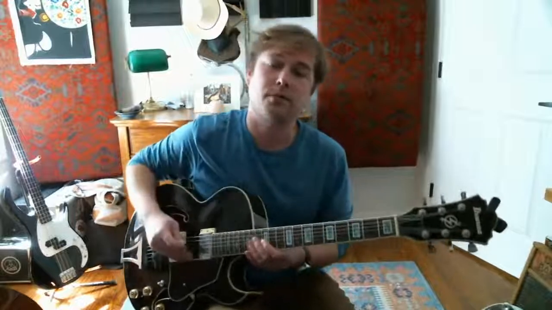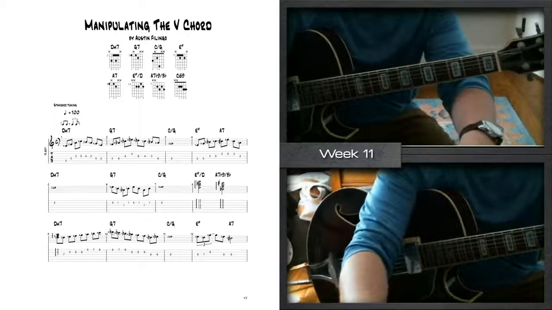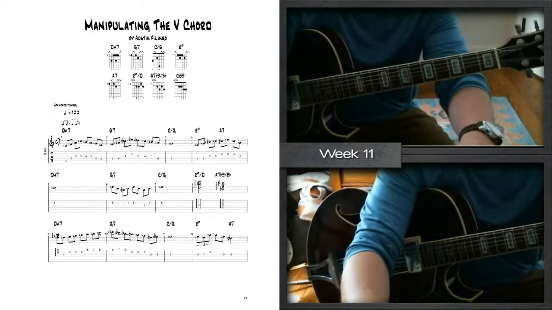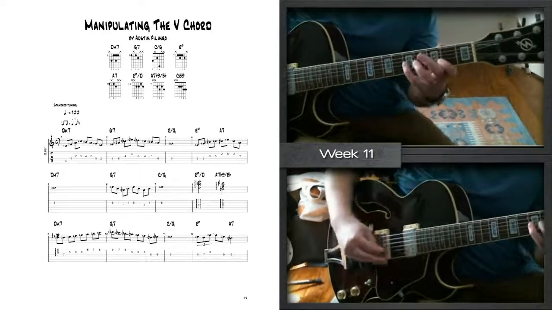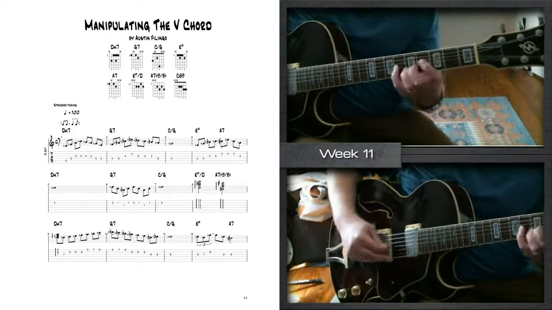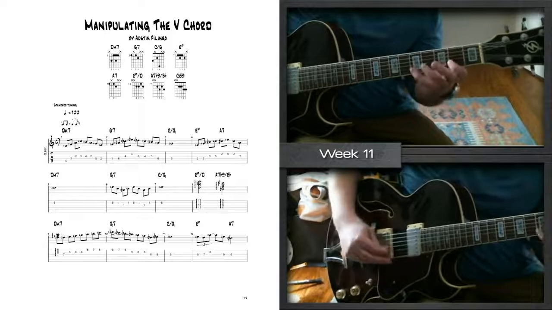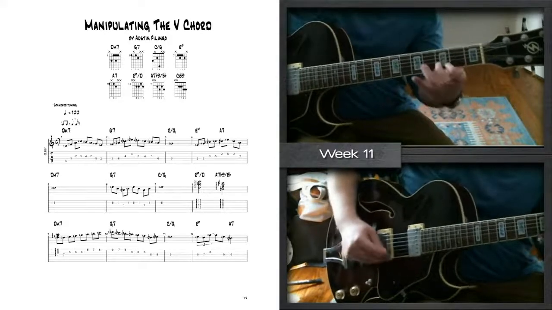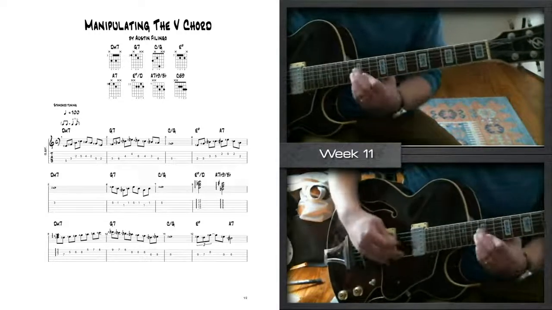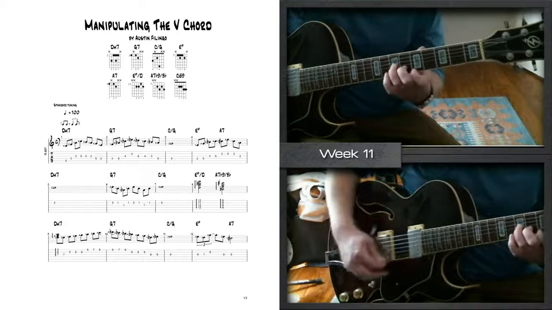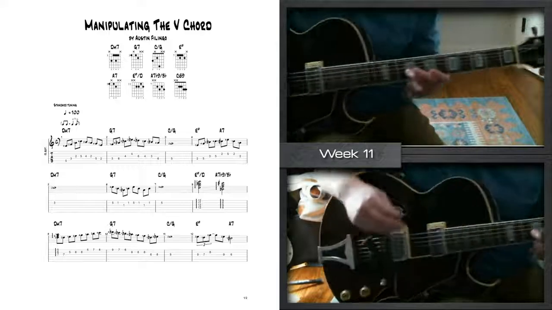1, 2, 3, 4. It would help if I turned that melody off, wouldn't it? All right, one more time. 2, 3, 4. 1, 2, 3. C, E flat, melodic minor, fancy chords, D flat, the little triplet thing.